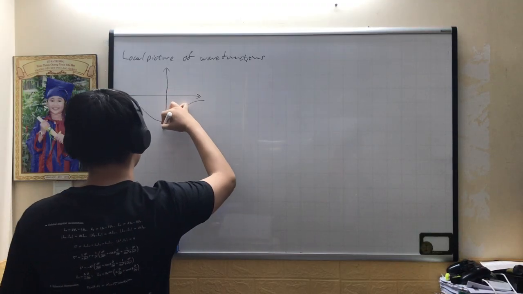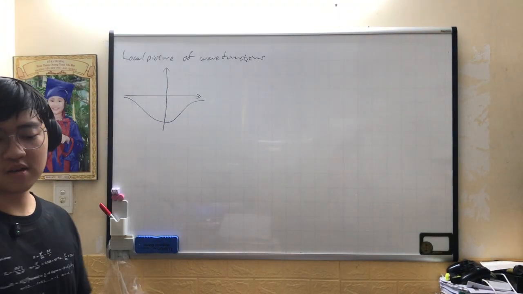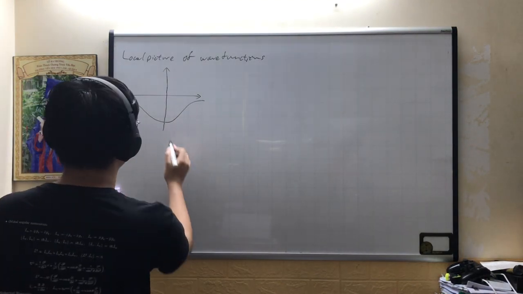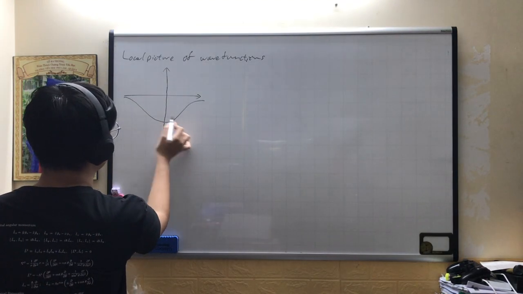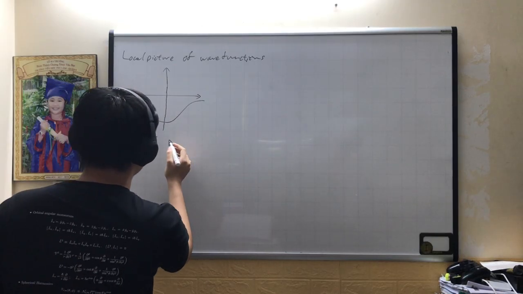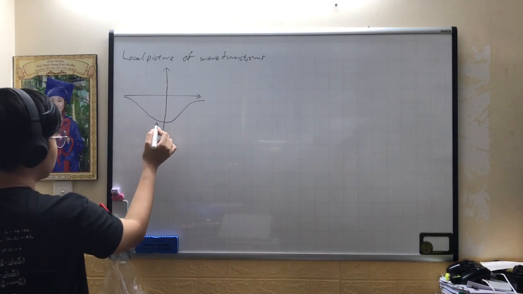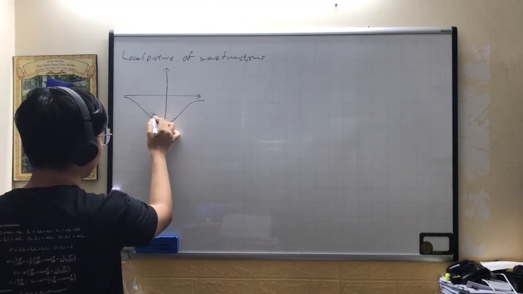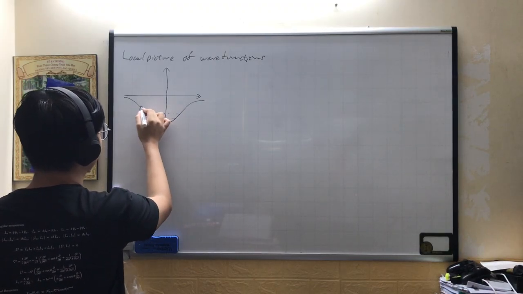And suppose you only have the potential, you don't know where the energy eigenstates are. It might be here, here, or just up here. So what you would want to do is draw these lines and speculate.